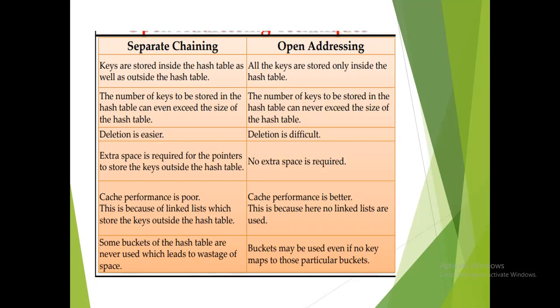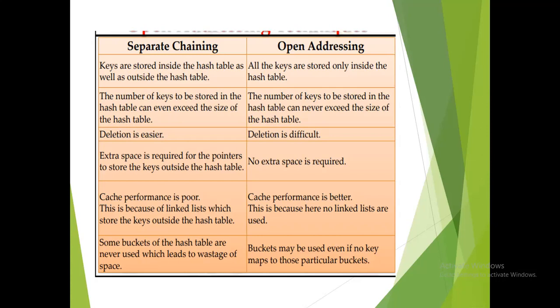Separate chaining: extra space is required for the pointers to store the keys outside the table. Open addressing: no extra space is required. Separate chaining: cache performance is poor. This is because of the linked lists which store the keys outside the hash table.